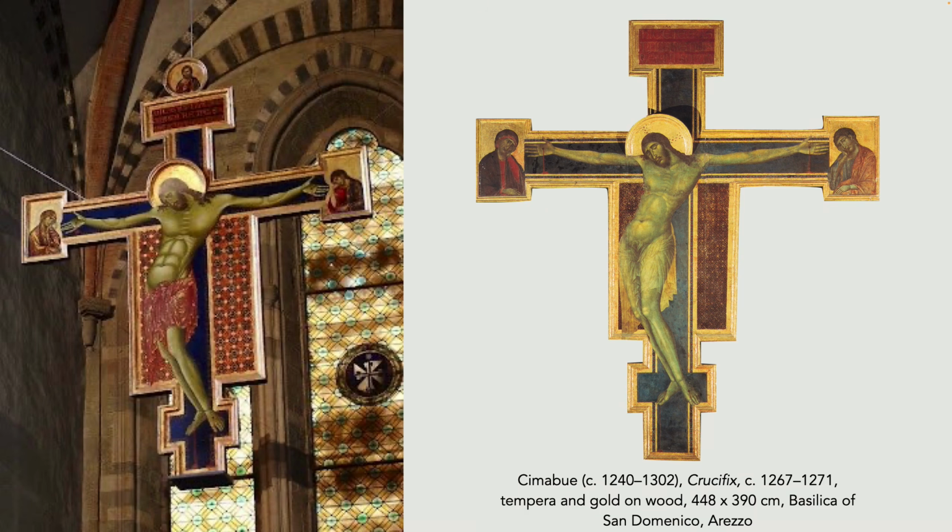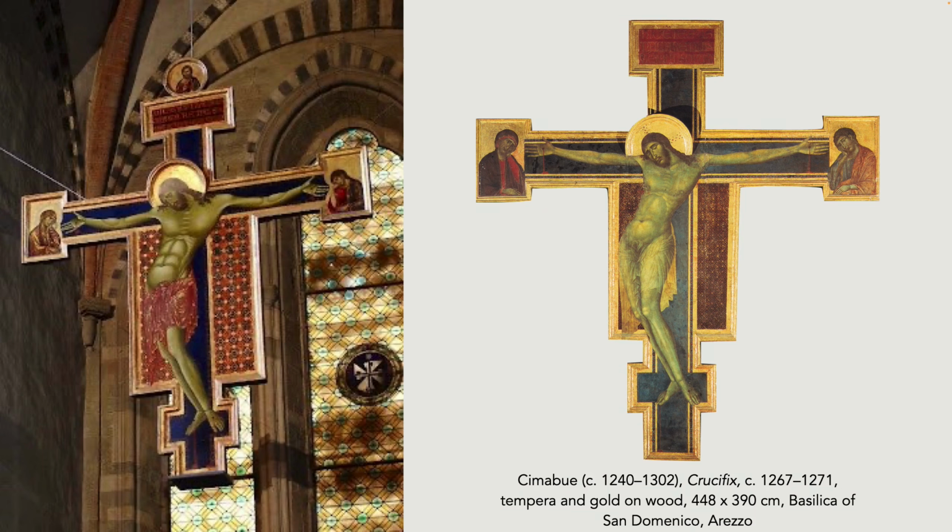There's a shift in his depiction of what's known as Christus Patiens, the suffering Christ. It's a departure from early Byzantine traditions, and it was inspired by, or I think reflected, the more human religiosity of the Dominicans.